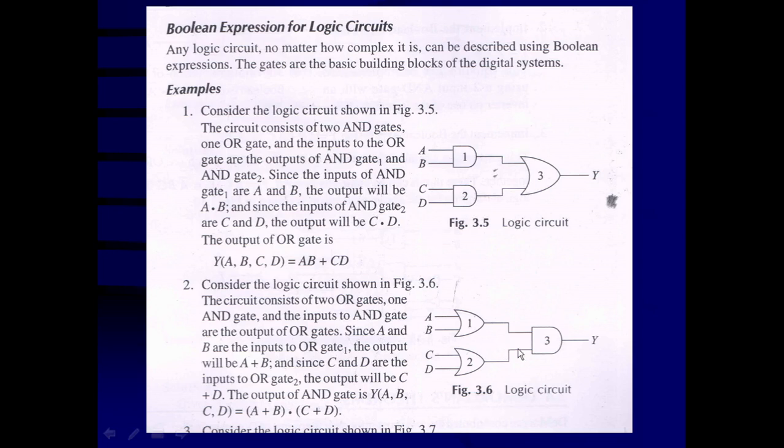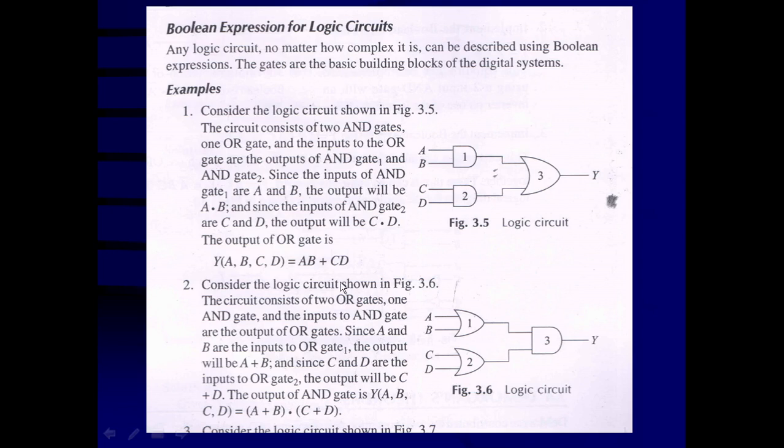Similarly, for this logic circuit, there are two OR gates which are followed by an AND gate. So this logic circuit is known as an OR AND network. Here the first OR gate has the inputs A or B. So we can write for this one the Boolean expression as A plus B dot C plus D. That is the input for the second OR gate.